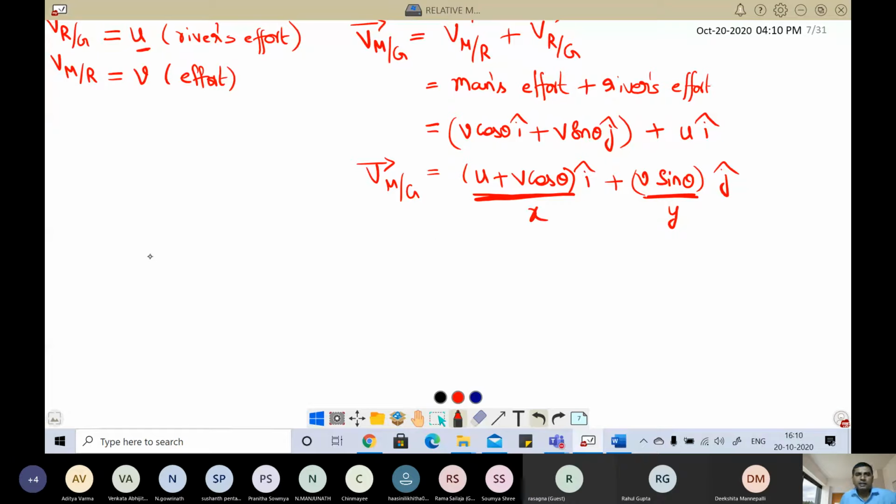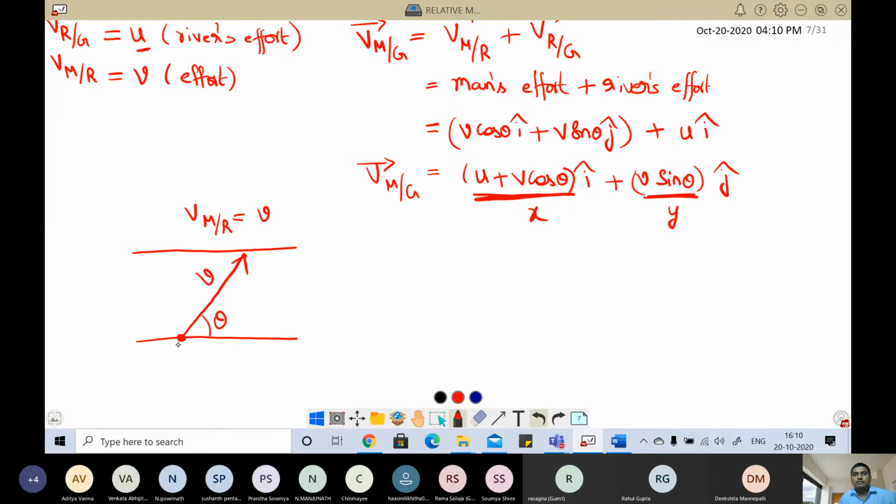The same thing can also be obtained from the diagram method, where first we take the velocity of man with respect to river, that is equal to v. Let us say this is the velocity of man with respect to river at an angle theta.